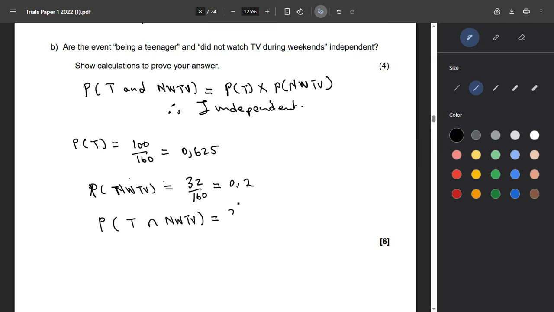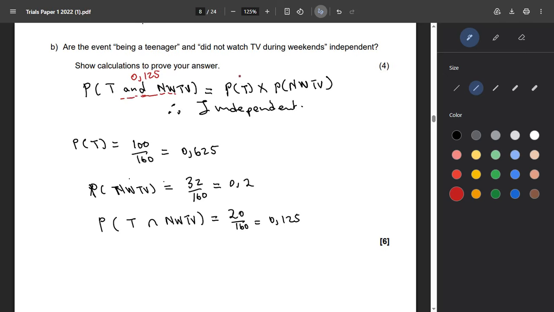So I'm just going to put 20 over 160 on the calculator. We get 0.125. Okay, so now remember, we are looking to prove that the intersection is 0.125. This is the probability that you are a teenager and you don't watch TV.